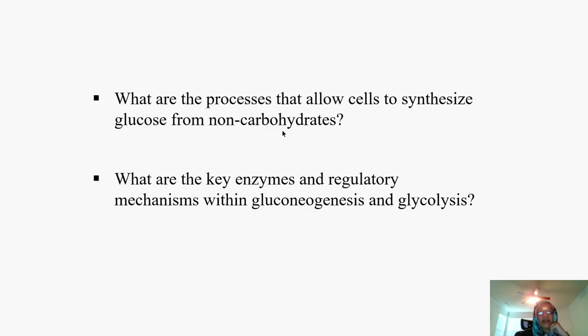This is the part that I'm going to tell you in a second, because if we have carbohydrates, there is no need to synthesize glucose, and there is no need to do this process, which is gluconeogenesis. And then we're going to look at the key enzymes that are regulating this process and providing us with glucose. That glucose can be used by certain other organs or cells for energy, to satisfy the energy requirements.